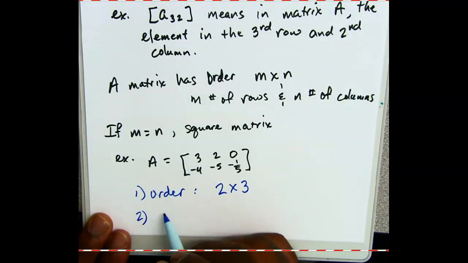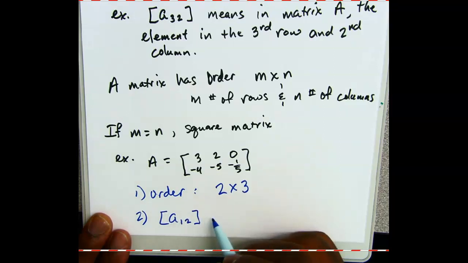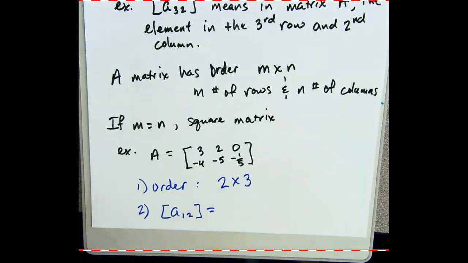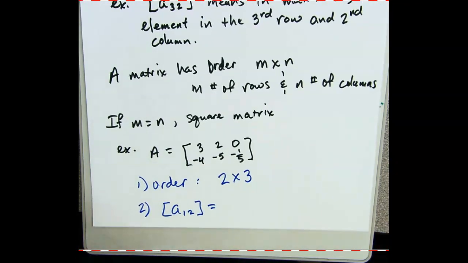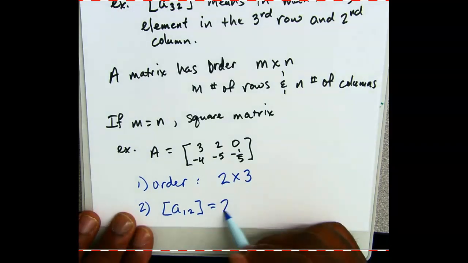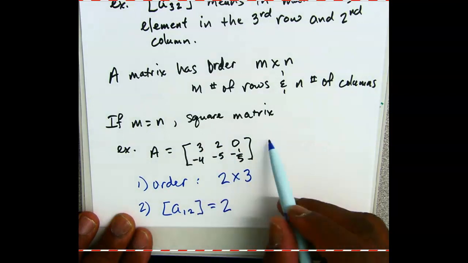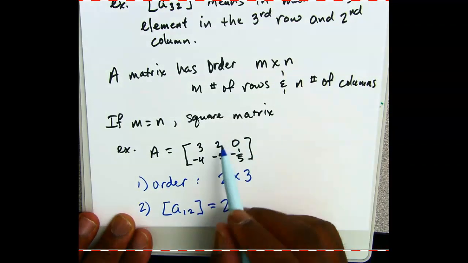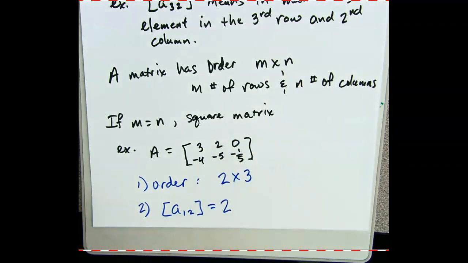How would you describe a sub 1, 2? Which element occupies that spot? So in matrix A, we're looking for the element in row 1 and column 2. So that would be 2. Here's row 1, here's column 2, so that element would be 2.